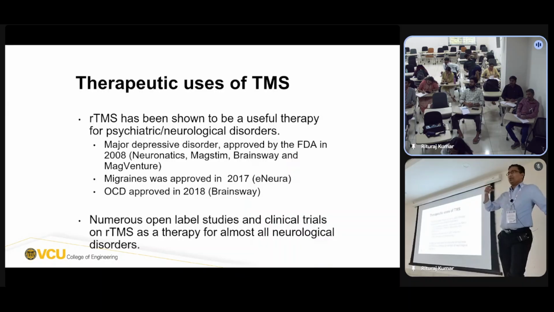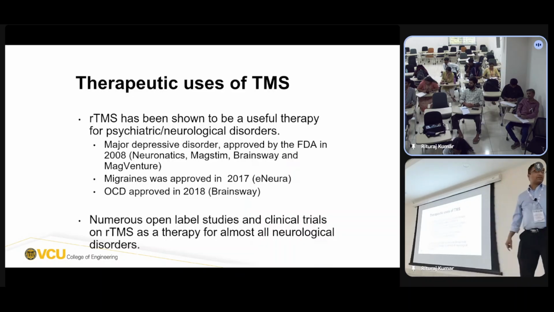So if you try to stimulate or activate one part of the brain, it might reduce the other part. So it's not just one region of the brain, it's the whole neuronal network that you have to target, which means you have to stimulate multiple regions of the brain.